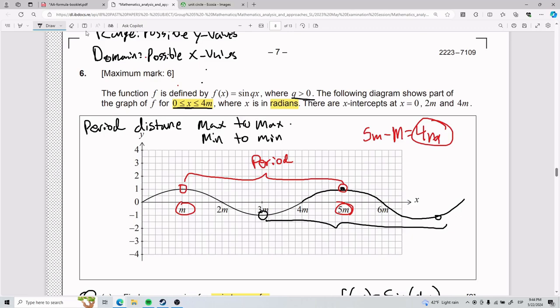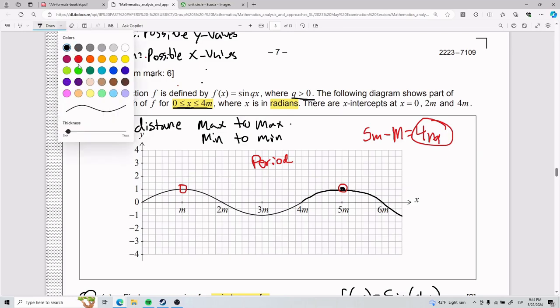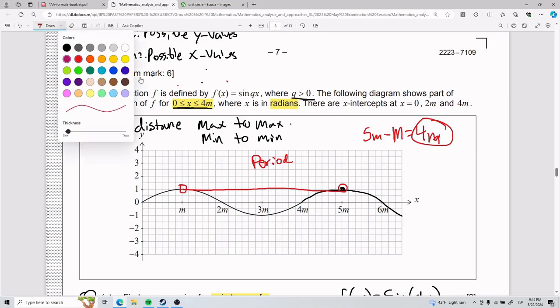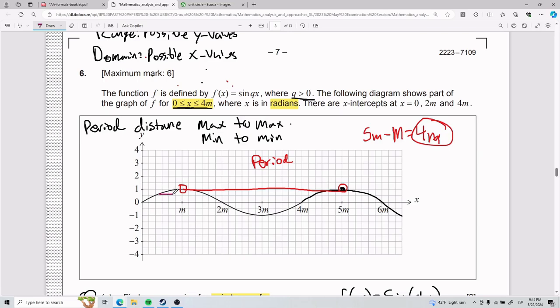And the other cool thing that you can start considering, and I know this is going to be a little bit trippy, but it's very useful to know, okay, is that imagine this red line that I drew, that goes like this for period. Imagine you shift it to the left little by little. So if you shift it to the left little by little, you would end up with something that goes like this.